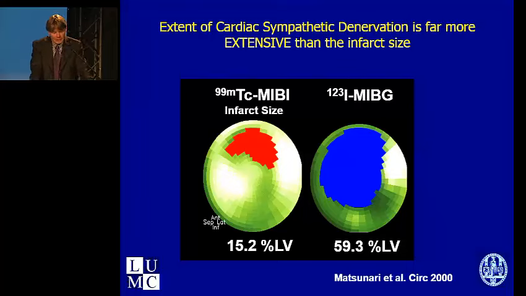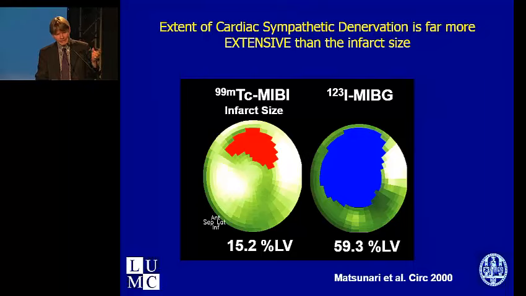What you see here on the left panel is the technetium sestamibi infarct size in red. You see it's relatively small. And then you see in the same patient an MIBG innervation study where in blue the area of denervation is shown. So there is a big mismatch between the scar extent and the denervated area.